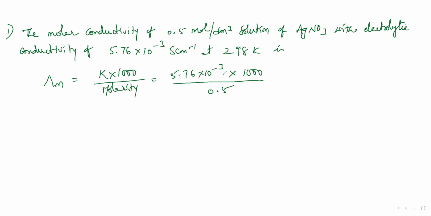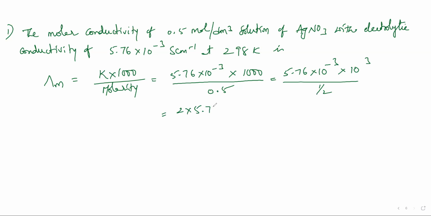Now here you can see 5.76 into 10 power minus 3. 1000 can be written as 10 power 3. Then 0.5 as 1 by 2, so bring the 2 here.